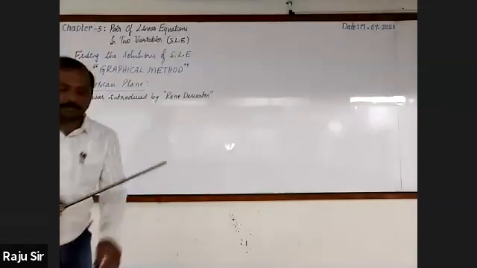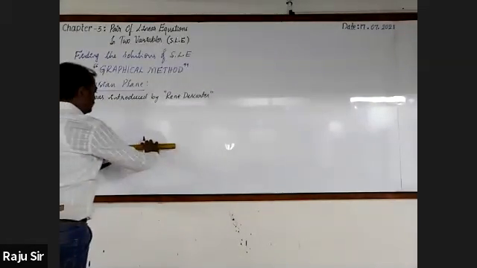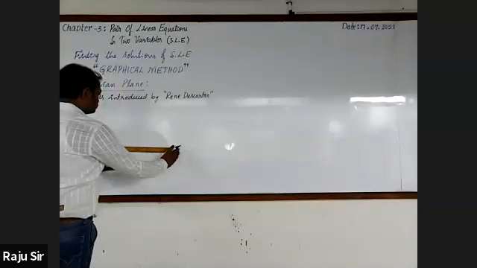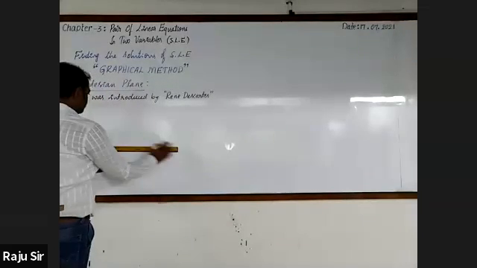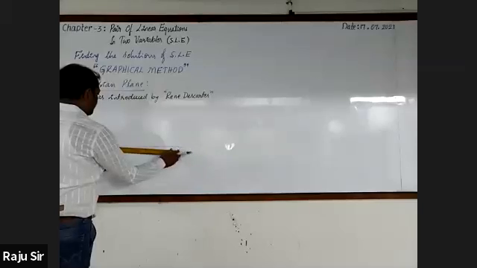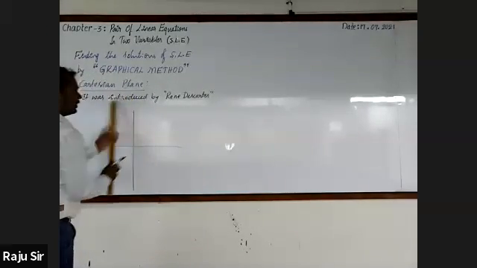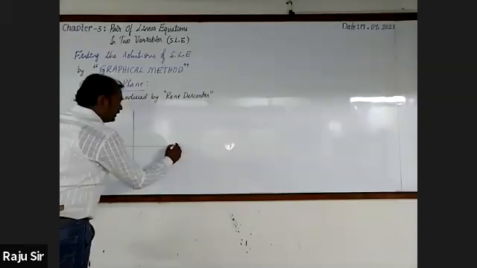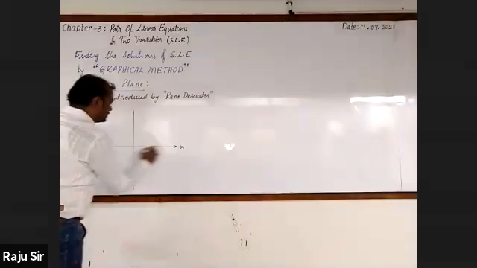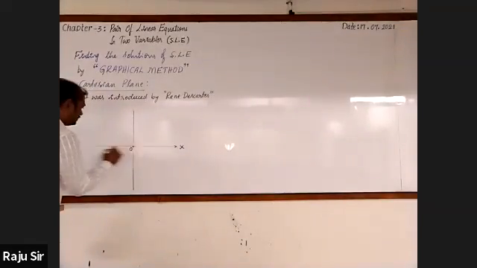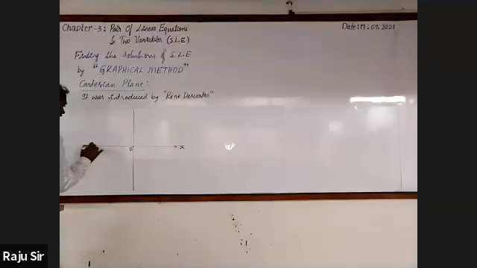Again, take scale and pencil. Just go for drawing X and Y axis. Here, the horizontal line is called X axis and is denoted as XO, X dash.